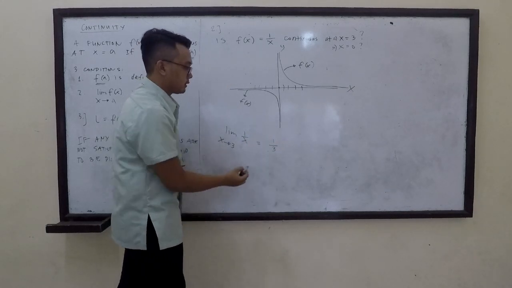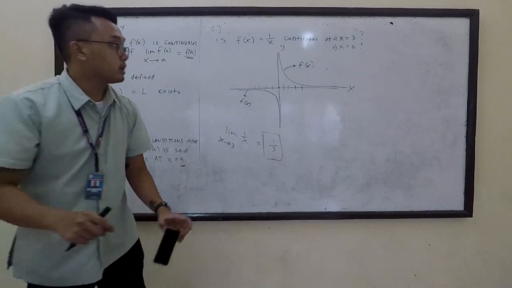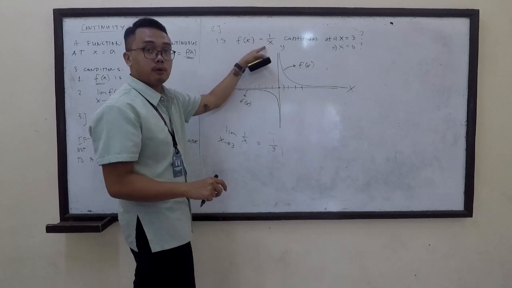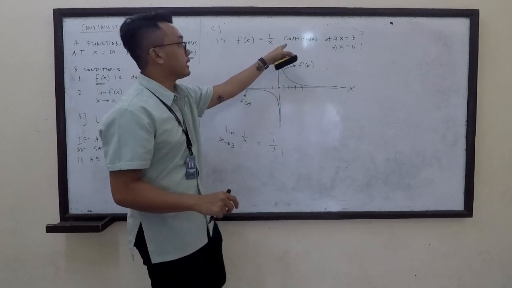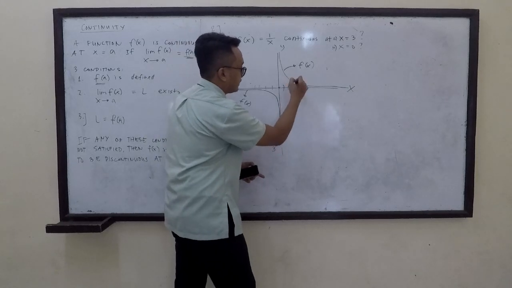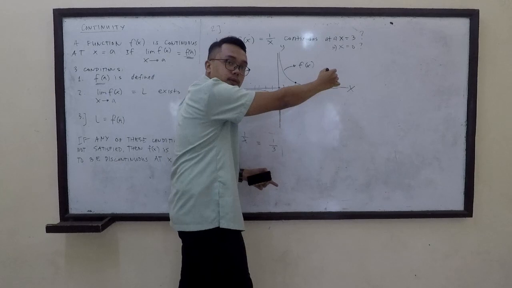So this is a defined number. Therefore 1 over x is continuous at x equals 3. It hits the line of the function.